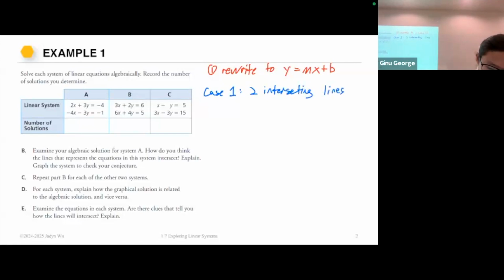So the graph looks like one line, let's say L1, will intersect with the other line, L2. By this, it means that they will have one solution. And the solution is the point of intersection.